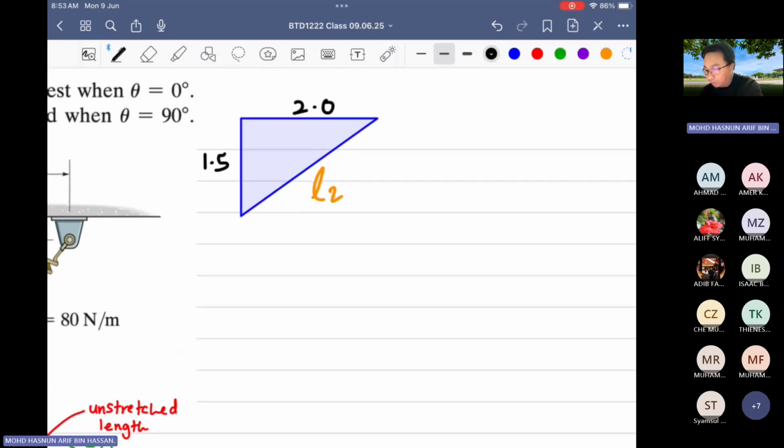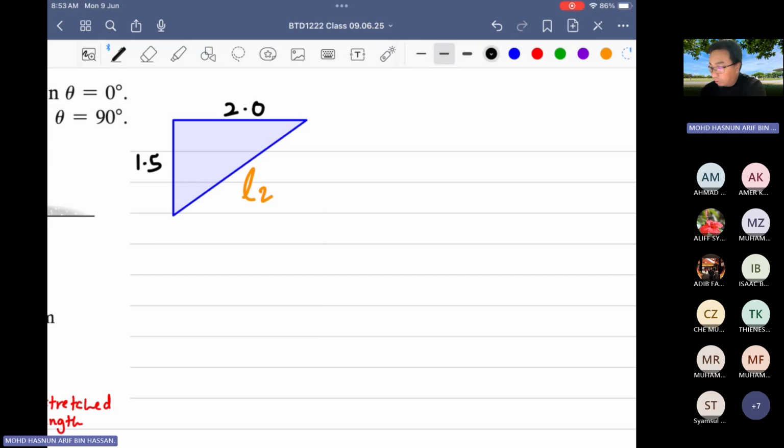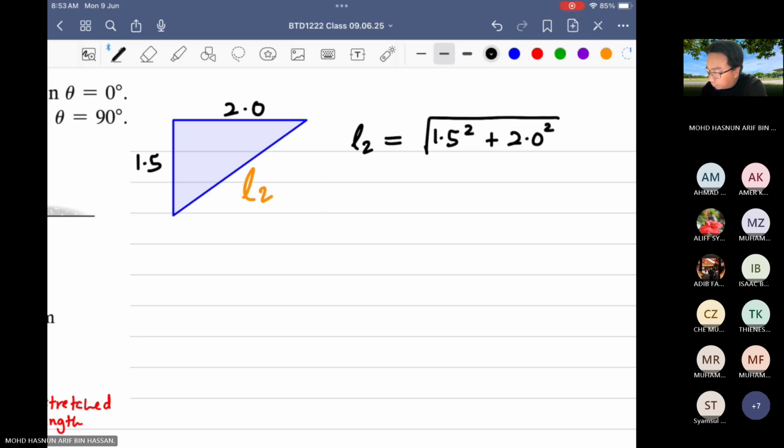So we can use the Pythagoras theorem here to get the value of L2. L2 is basically the square root of 1.5 squared plus 2.0 squared. So we will get the value of L2, which is 2.5 meter.